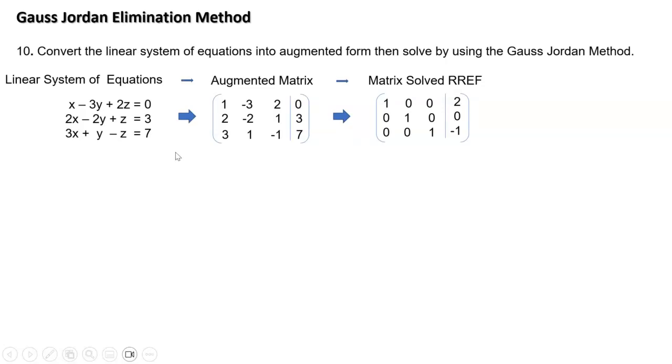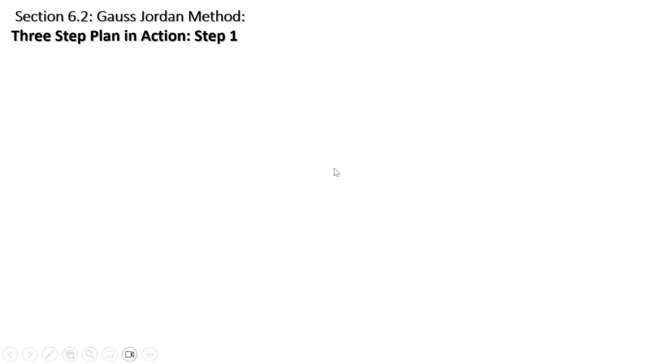So you can do it two ways, but it's good to know how to do it by using the Gauss-Jordan method. How do you go from linear systems to the matrix in reduced row echelon form? Here's how. I call it the 3-step plan in action.